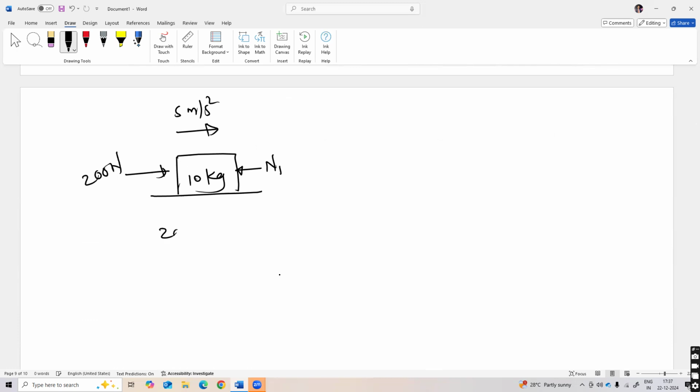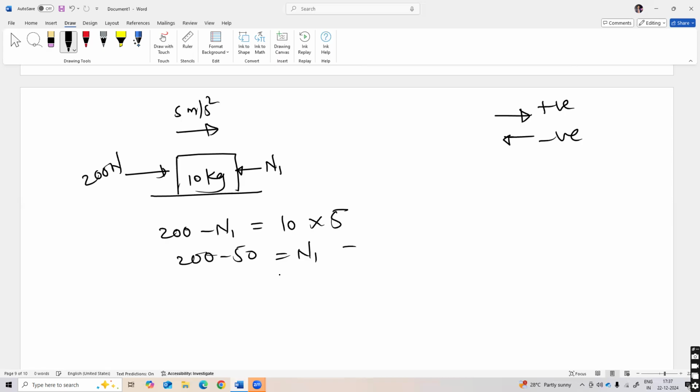Since it is moving towards right, we will consider forces towards right as positive and forces towards left as negative. So net force is 200 minus N1 equal to MA. M here is 10, A here is 5. So we get 200 minus 50 is equal to N1, which is equal to 150 Newton. Okay, so we got N1 equal to 150 Newton.